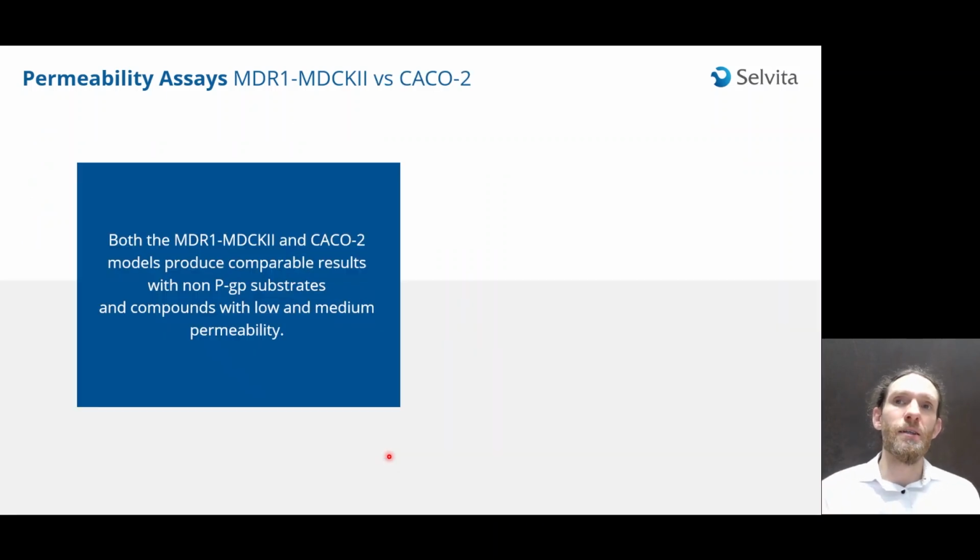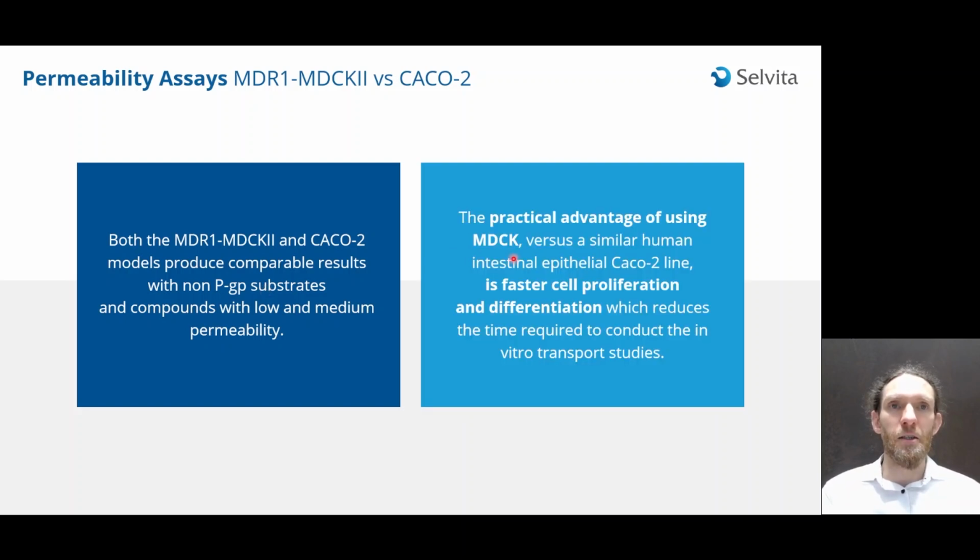So both the MDCK and CACO2 assays produce comparable results with non-PGP substrates and compounds with low and medium permeability. The practical advantage is what I mentioned a moment ago, that MDCK have faster cell proliferation and differentiation, which reduces the time required to conduct these studies.